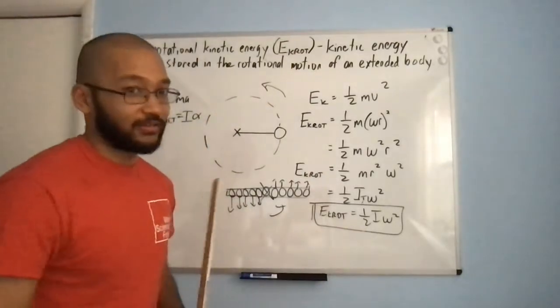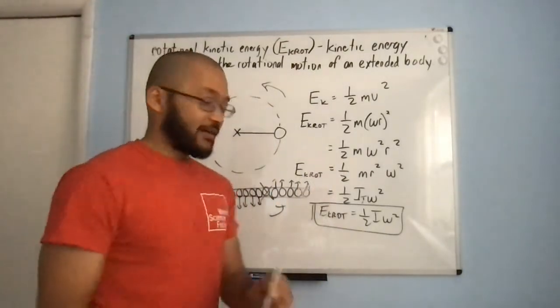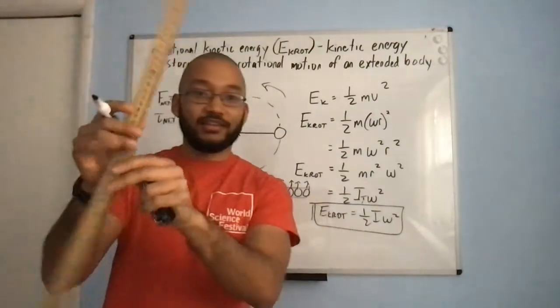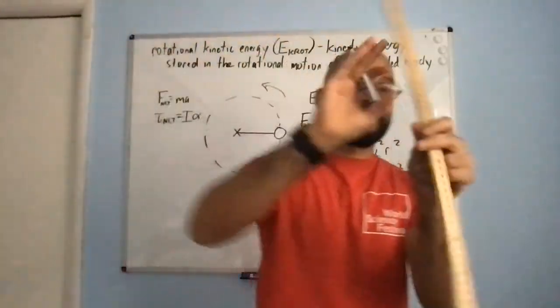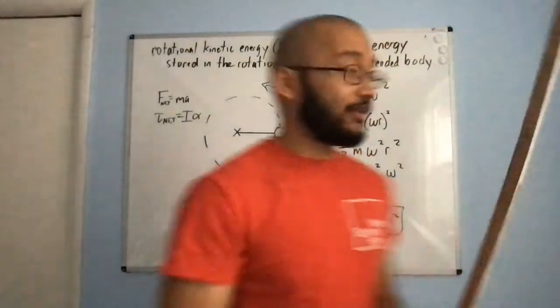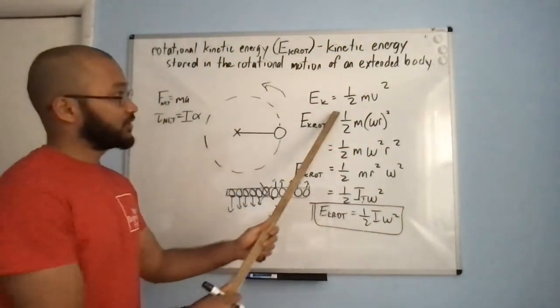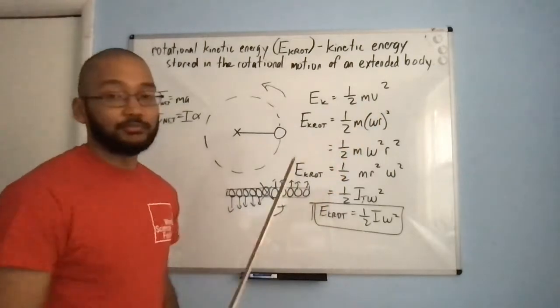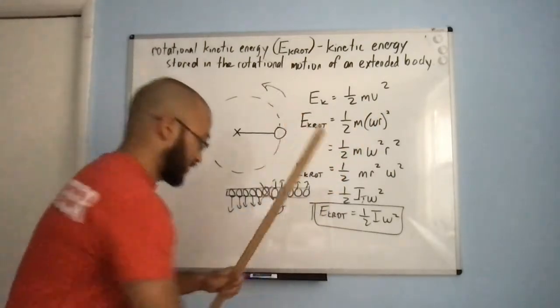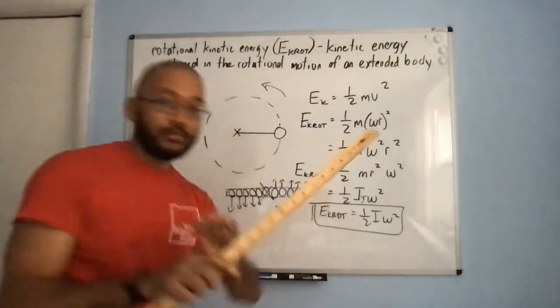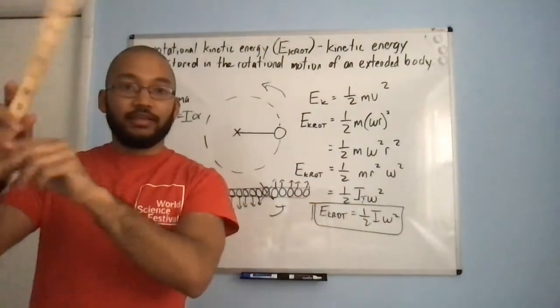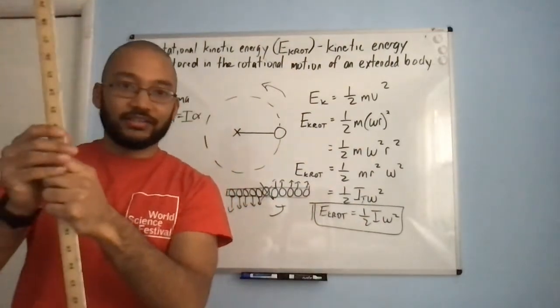Now, one final complication. If I have this thing rotating and moving, it's going to have energy due to the rotation and energy due to the movement of the center of mass. Just to slow that down, let me isolate the one motion.